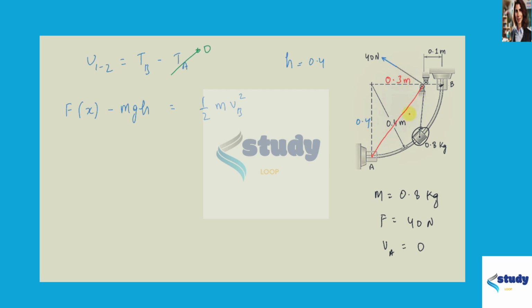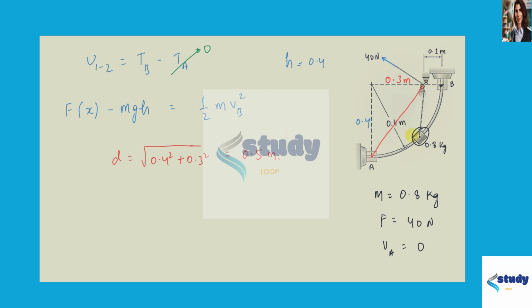So from the Pythagoras theorem, we can calculate this distance as d equals the square root of 0.4 squared plus 0.3 squared, and it comes out to be 0.5 meter. Now when the collar reaches point B, the length of the rope is 0.1, which is given in the figure.